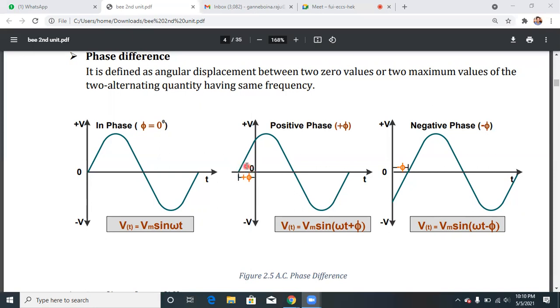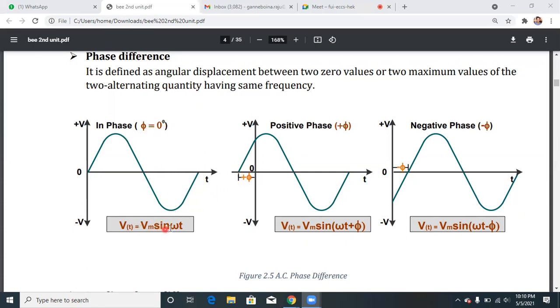Because of that, we get some phase difference, called phi. This is our angle, not flux. This is called angle phi.